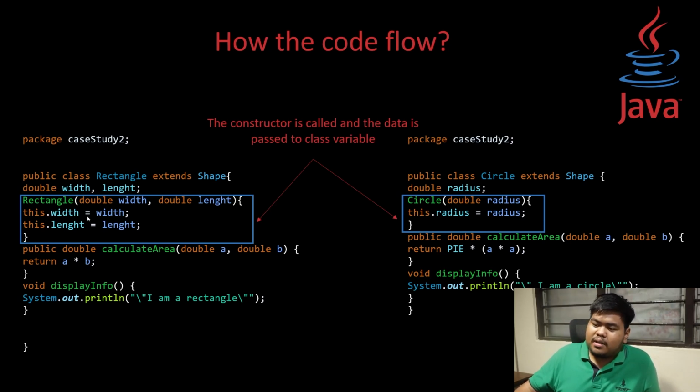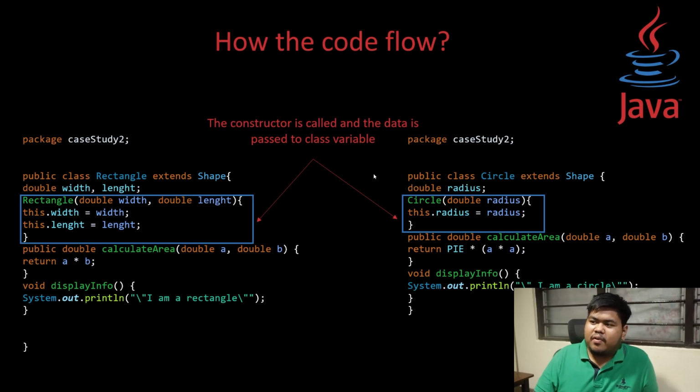So this.width equals width and this.length equals length will pass the data. Let's say we have passed 2 and 3, then it will store the data in this local variable to the class variable here, and also the same as this.